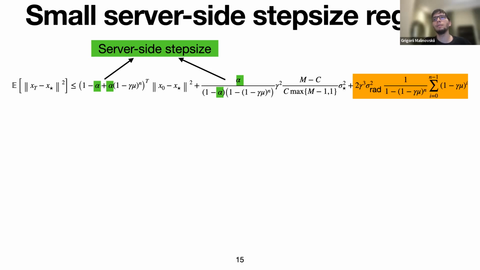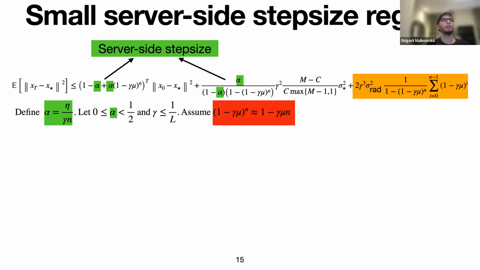And the last one, which is orange, doesn't depend on alpha at all, as we had previously.